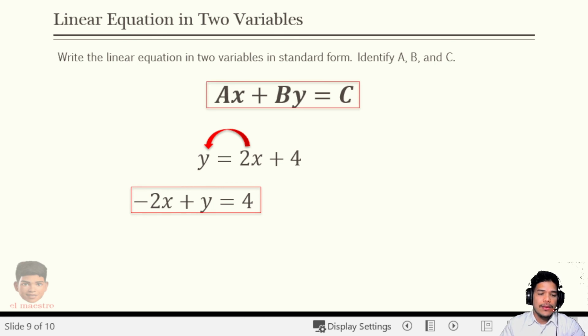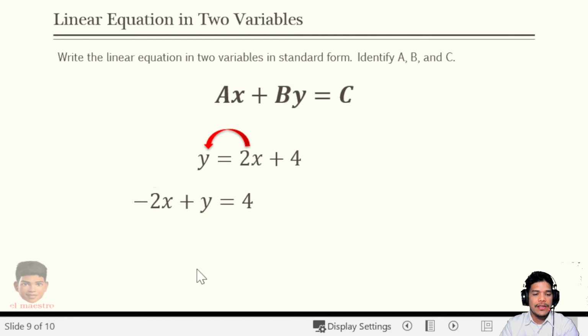So, what's the value of your a? Anong coefficient or ano yung katabi ni x? Si negative 2. That is our value of a. Okay, a is equal to negative 2. How about b? What's the value of b? Wala na namang katabi si y, so that is understood equal to 1. And our constant term is equal to 4.